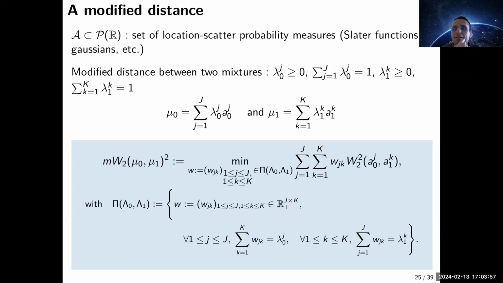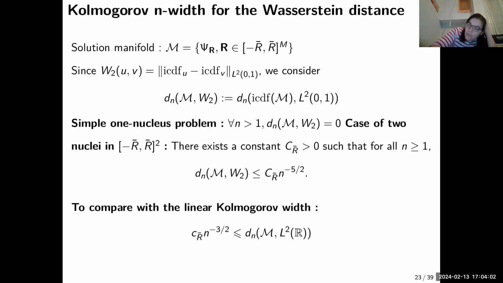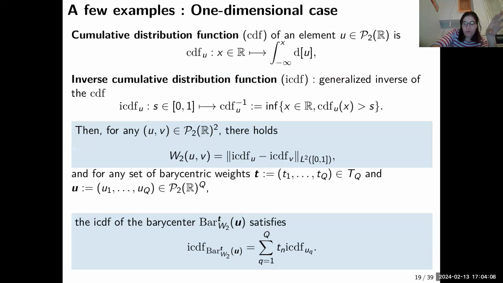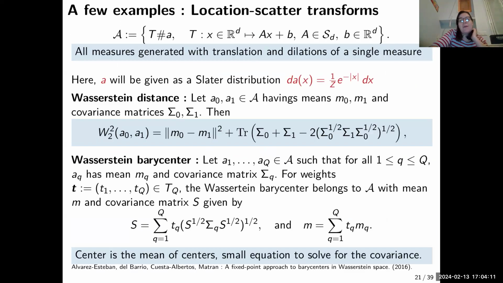Yes, so perhaps I'll comment first on what happens if we were to use the true Wasserstein metric. To compute this Wasserstein barycenter, we would need to rely on a discretization grid of R3. The typical size of this grid, for not too precise calculations, would be 100 times 100 times 100.